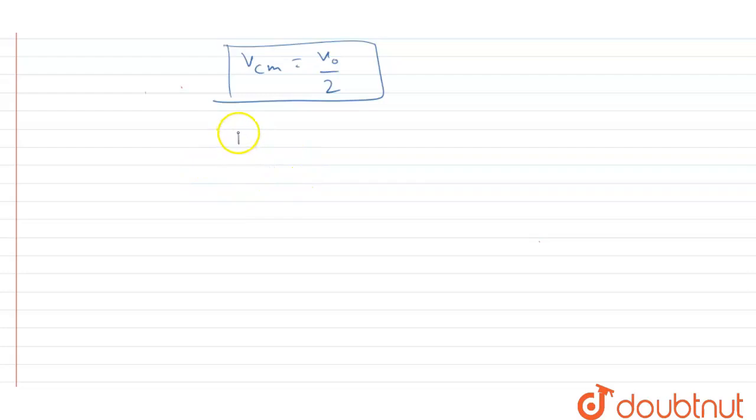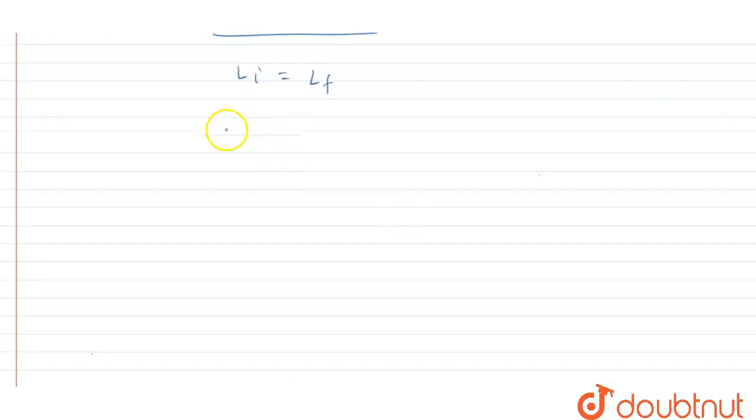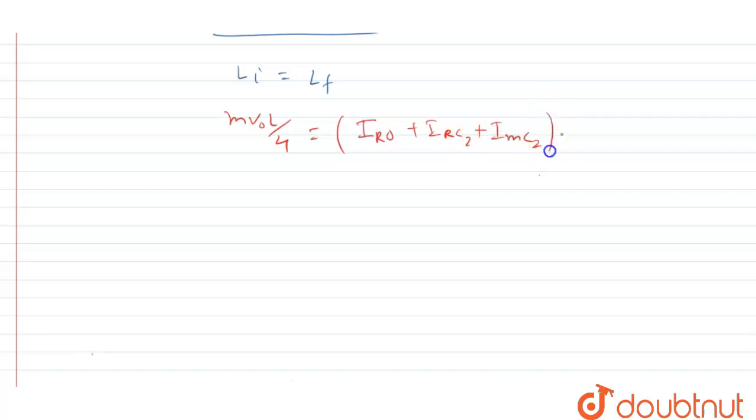So here L initial will be equal to L final. Now let's solve this further. So L initial will be m v0 L by 4, and here that will be the moment of inertia of rod about O plus the moment of inertia of rod about C2 plus the moment of inertia of m mass about C2, into omega f.